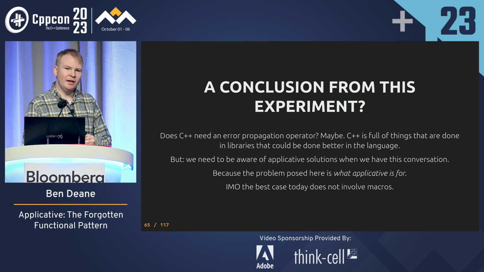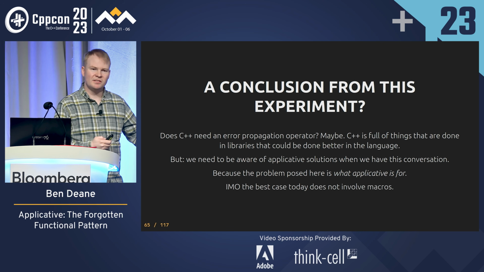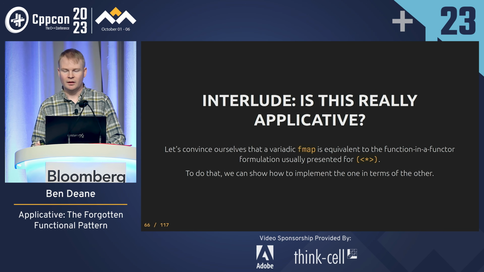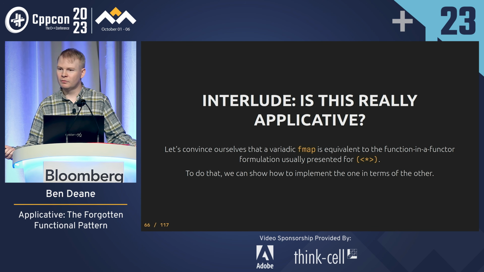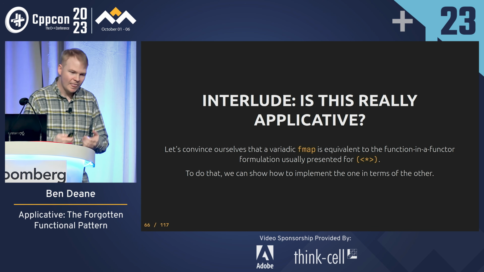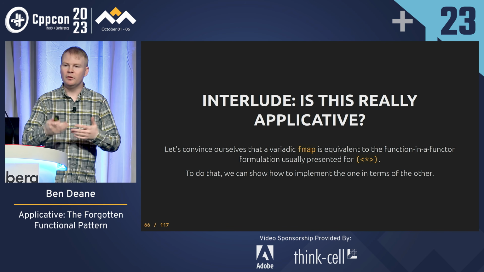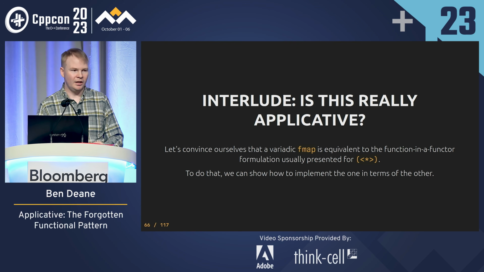Okay, so I'm claiming that this variadic fmap is the same as applying a function inside an optional. Is that claim true? Am I entitled to claim that? Well, the way to show that is to implement the one in terms of the other, right?